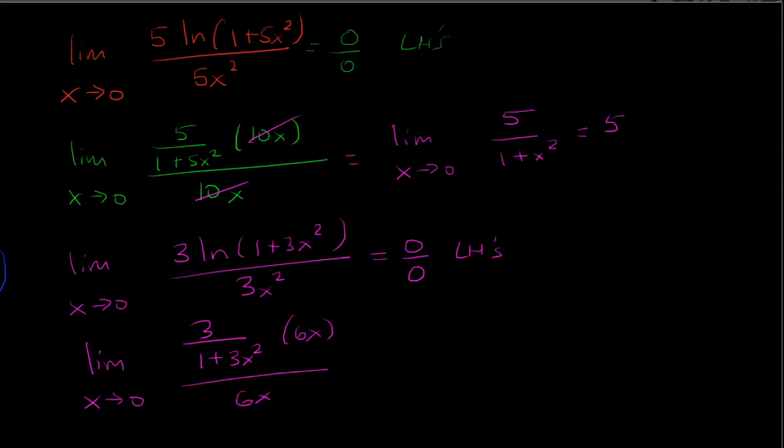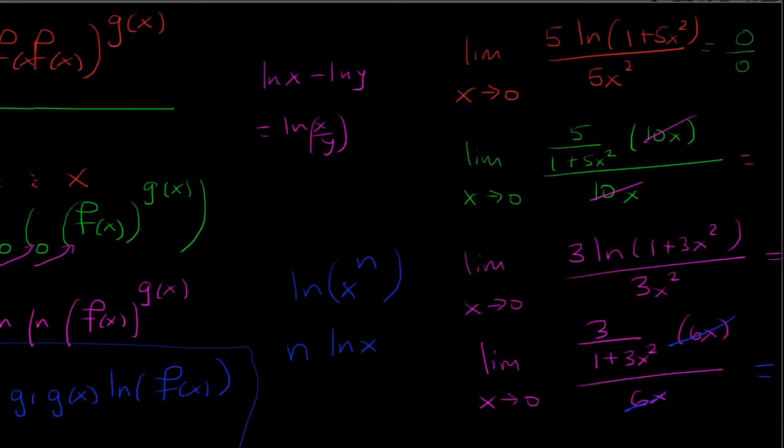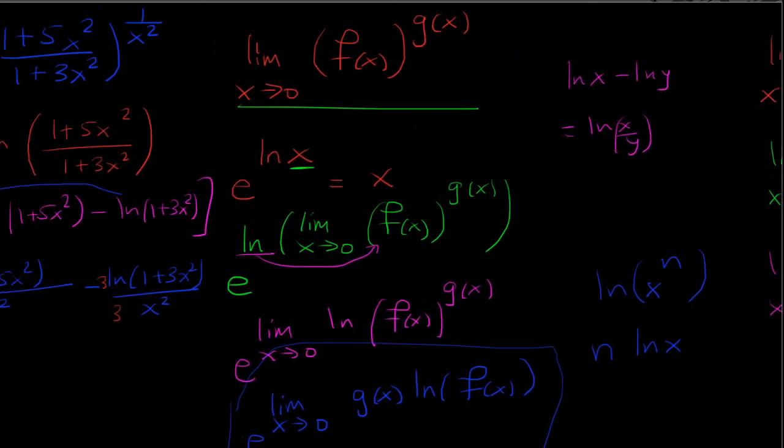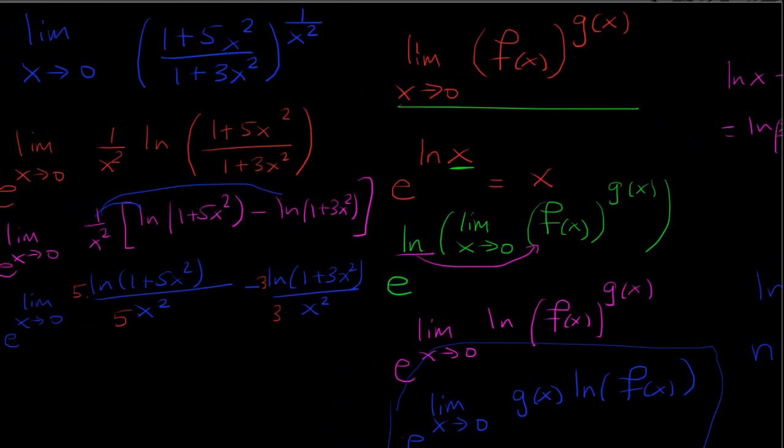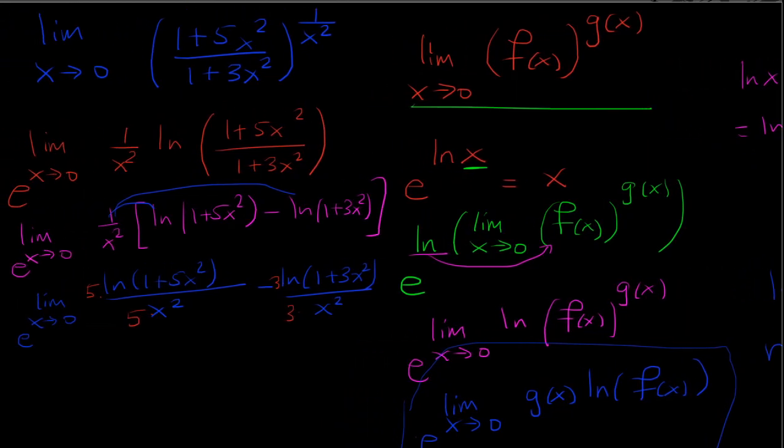And the 6x's cancel. I plug in x equals 0 to get 3. Okay. So hopefully you can see now why I added the 5 and the 3. Because it made the top and the bottom cancel nicely. So if I didn't have the 5 here, let's say, it would not cancel as nicely, right? So whatever, that step's optional. It's not a big deal.